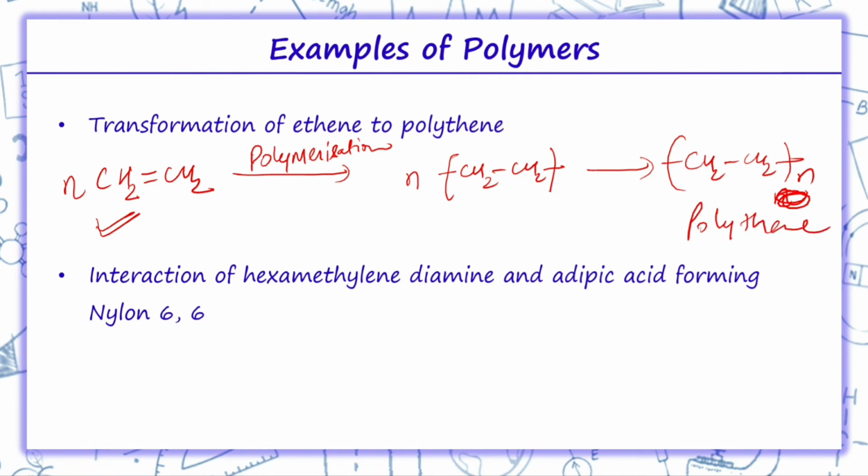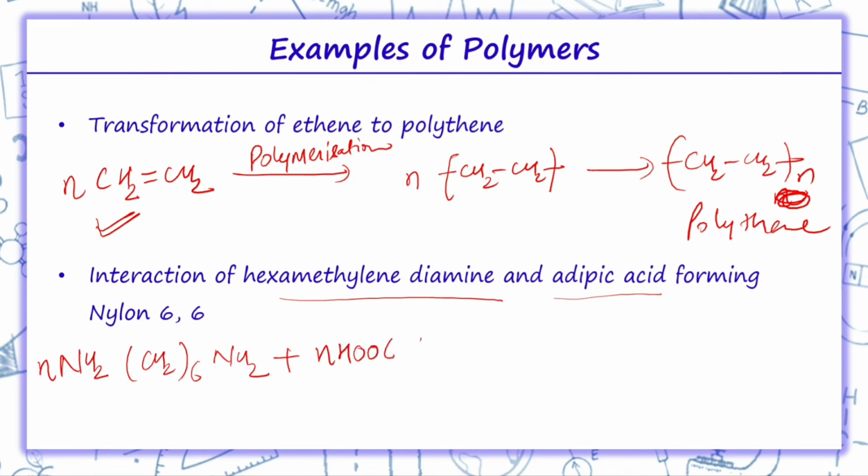Next example, we have interaction of hexamethylene diamine and adipic acid forming nylon 6,6. Hexamethylene diamine, that is NH2 CH2 whole 6 NH2, N molecules of hexamethylene diamine we took, and then N molecules of adipic acid we took, which is COOH CH2 whole 4 COOH.